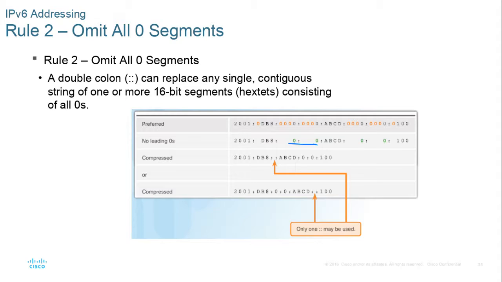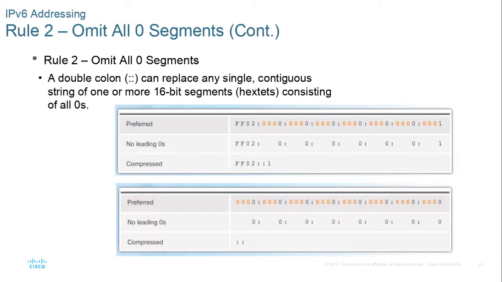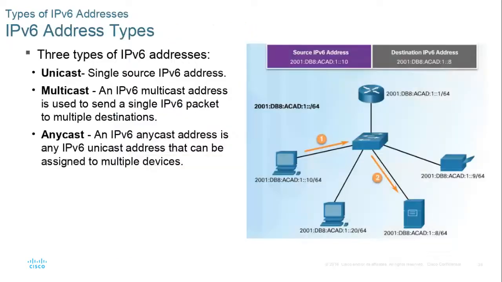We can replace a bunch of all-zero hextets next to each other with a double colon. So the zeros here were replaced with a double colon. I can only do it once, I can't do it twice. It would be too ambiguous. So we can do this once only, and then we can shorten that number.